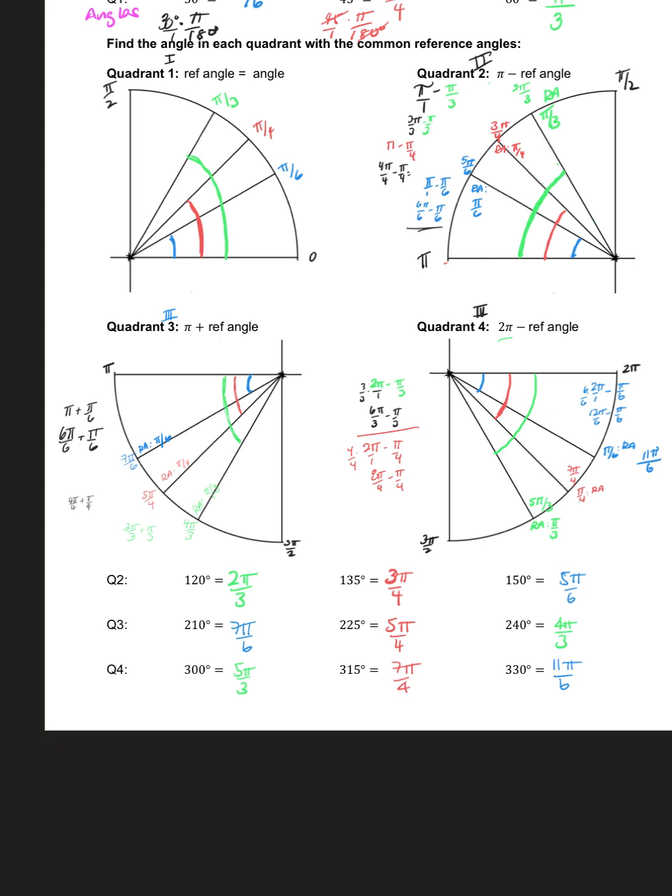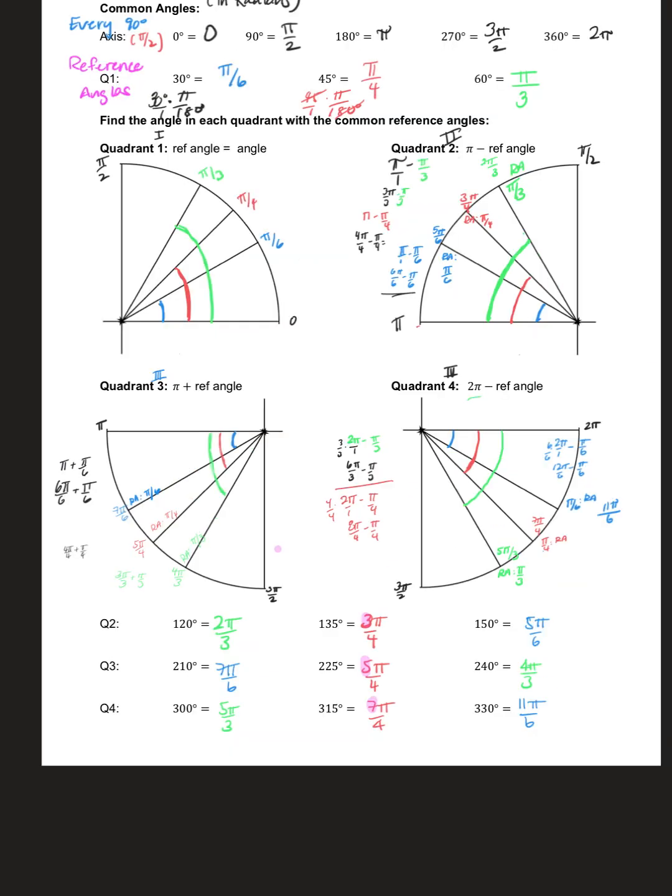Okay, so here's everything filled in, all the quadrants with their degrees and radians. Hopefully when you see this, you'll see patterns as you go through. Automatically, I can see a pattern with these 45-degree angles here, and I just noticed that when you look at it, these are all odds: 3, 5, 7.